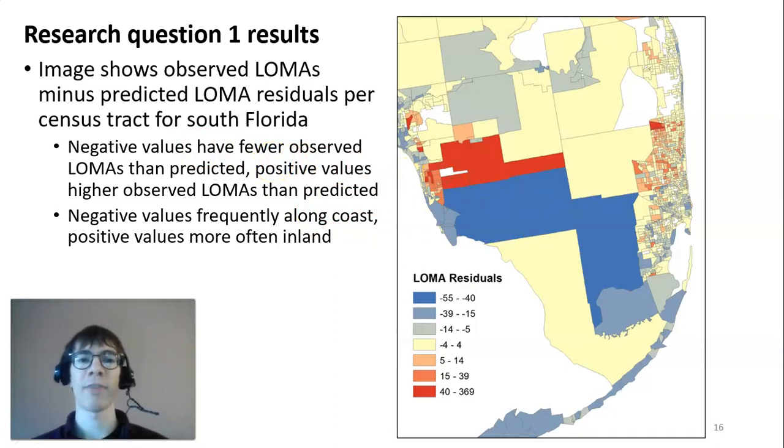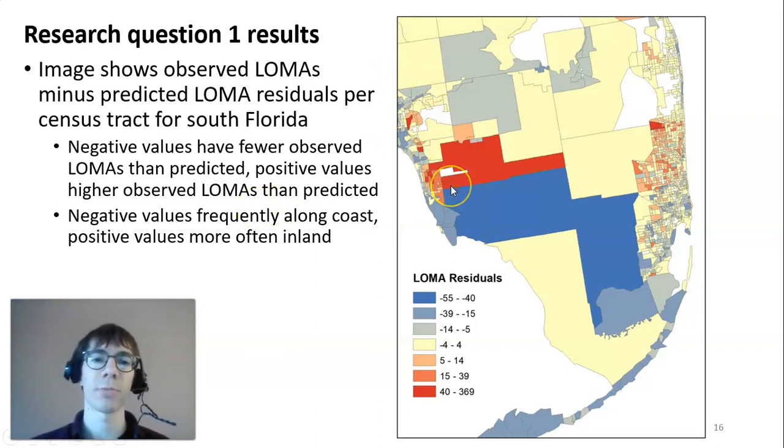So meaning there's a lot of buildings in the special flood hazard area, but relatively very few LOMAs. And then the opposite of that, we have positive values, the greatest positive values, where we have higher observed LOMAs than we would expect. So meaning there's relatively a lot of LOMAs compared to the number of buildings in the special flood hazard area for these places.